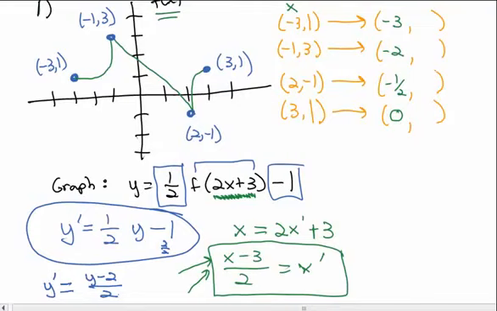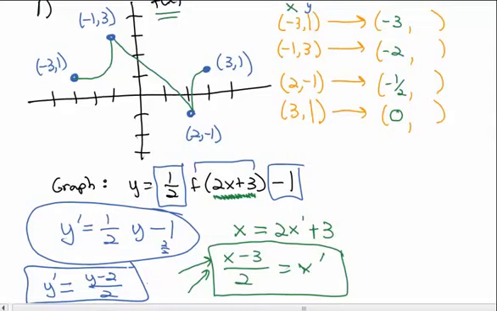And that way I can just flow through. I could have done this with common denominators every time, but we're going to work these new y's the same way. So we're going to plug these y's into y minus 2, and then we'll put it over 2.